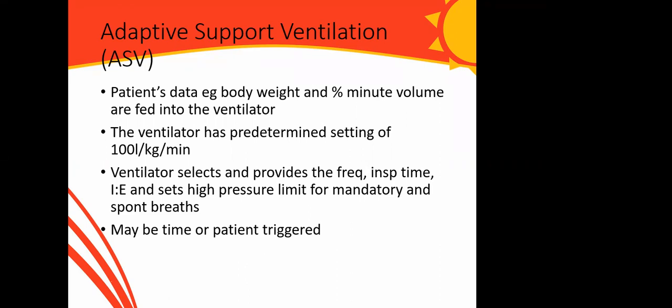And once you do that, the ventilator selects and provides the required frequency, the respiratory time, the IE ratio, and sets pressure limit for mandatory and spontaneous breath. It's beautiful. The clinician does not have to be playing with the ventilator. Once you enter the patient's body weight and the percentage minute volume you want to deliver, the ventilator just calculates and selects the appropriate frequency, the respiratory time, and all that. This ventilator mode can either be time or patient triggered. It saves you a lot of hassles.